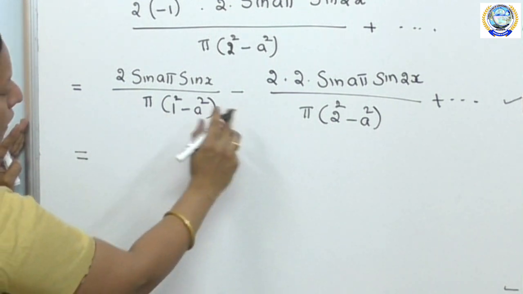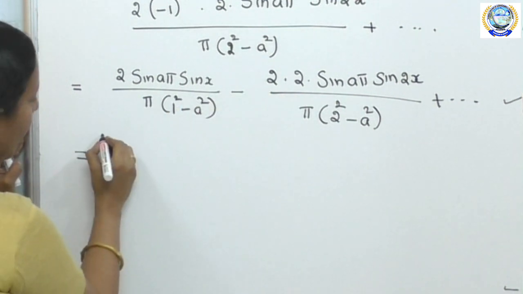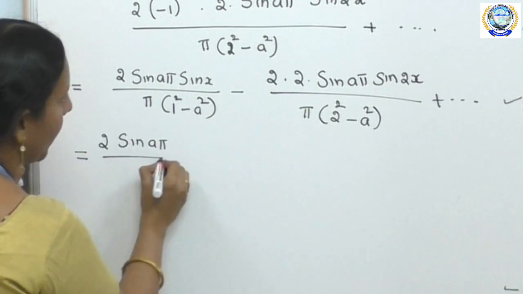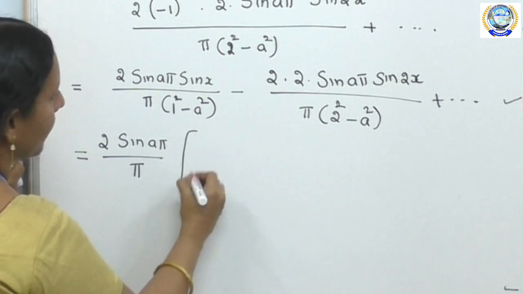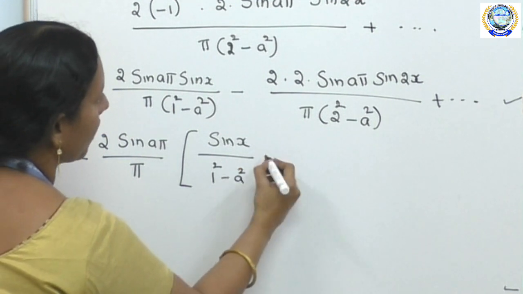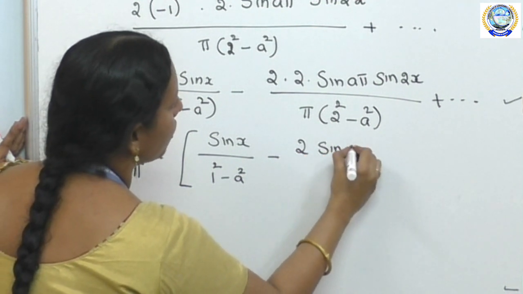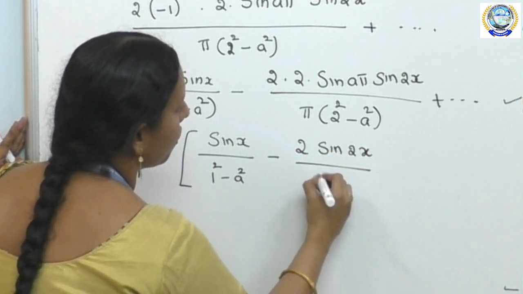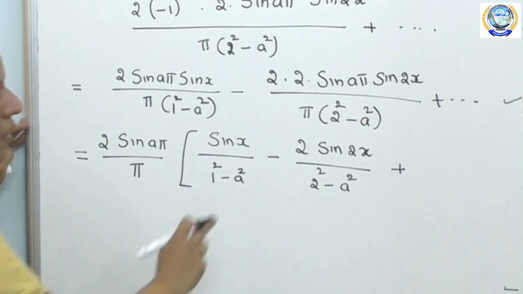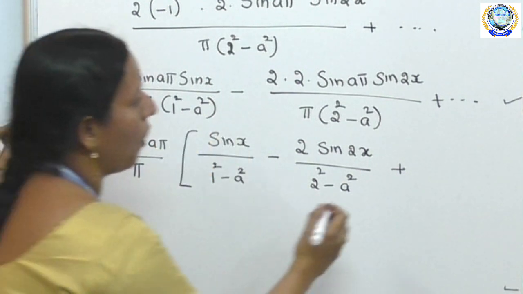This can be simplified as taking common 2 sin aπ throughout, we get 2 sin aπ/π [sin x/(1² − a²) − 2 sin 2x/(2² − a²) plus, what will be your next term? 3 sin 3x/(3² − a²), and so on].